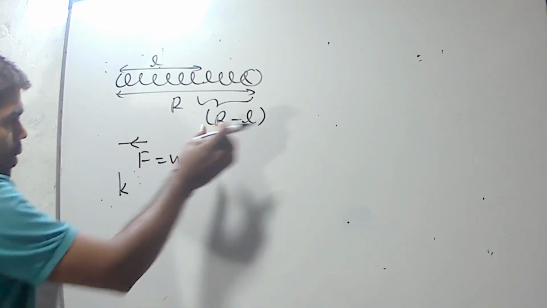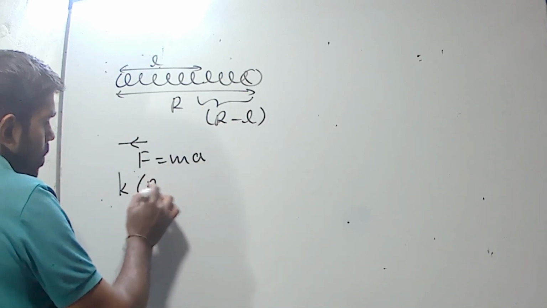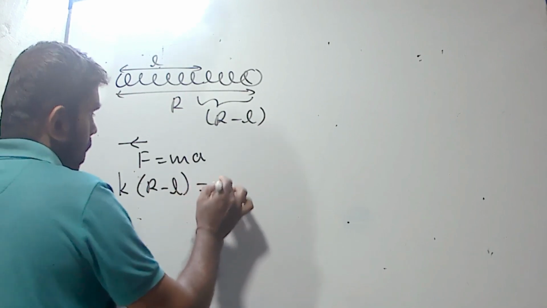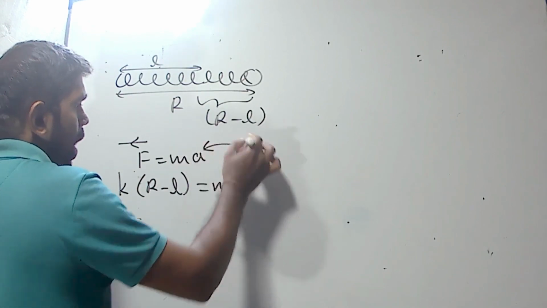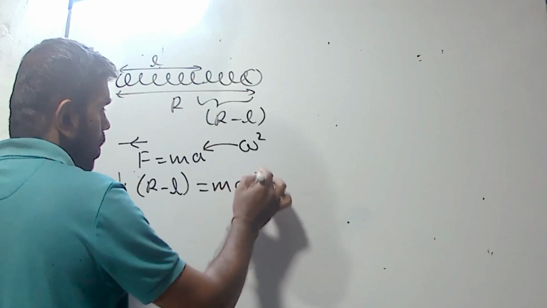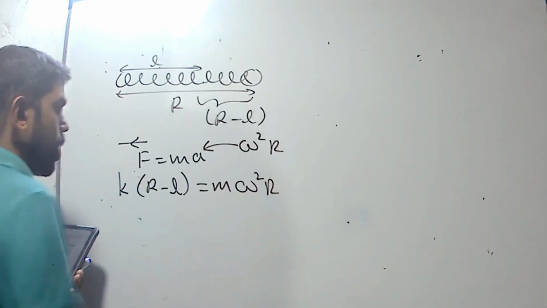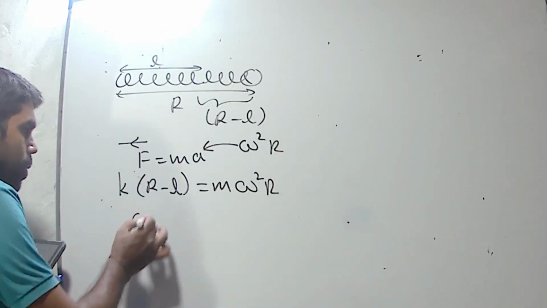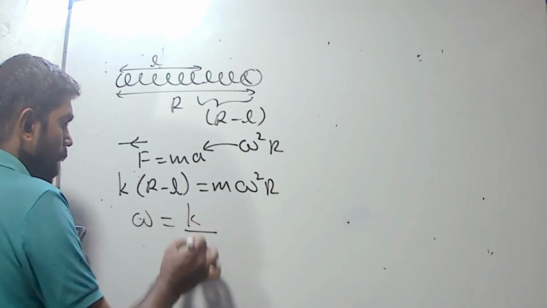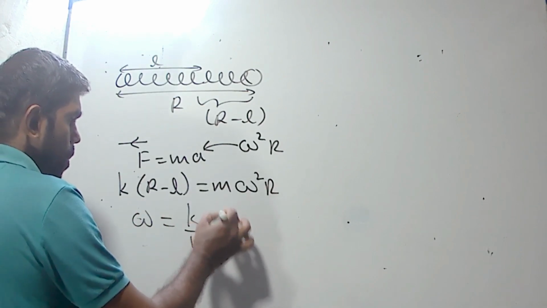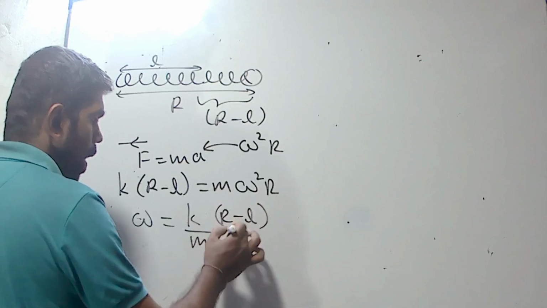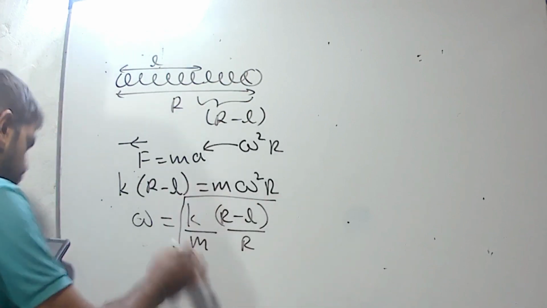Now we can substitute the extension R minus L. On the right side we can substitute m omega squared R. Then we can find the omega value: omega equals root of K divided by M, times R minus L divided by R.